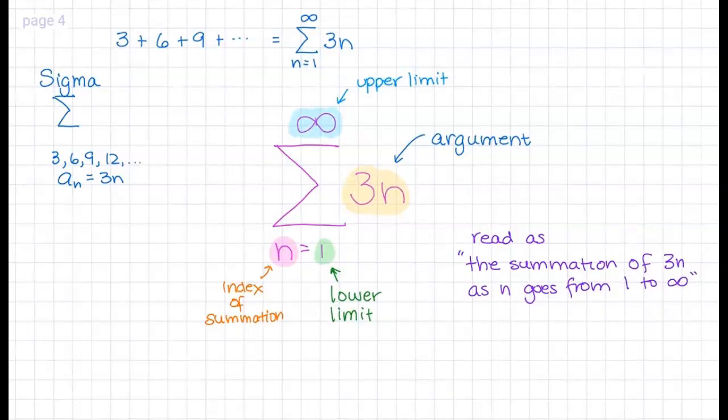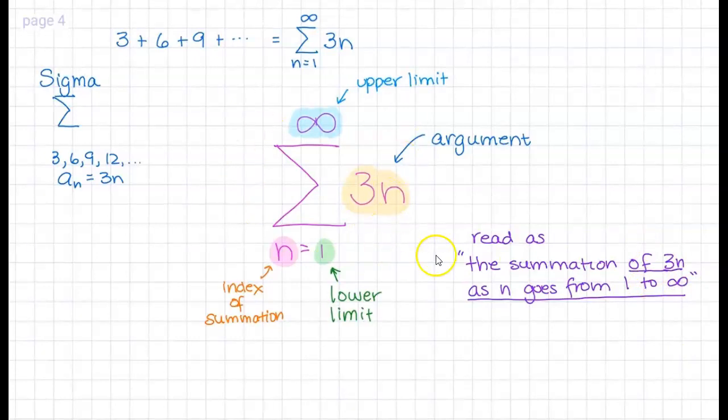And there's a little bit of order you can play around with. You can say 3n as n goes from 1 to infinity, or you can say the summation as n goes from 1 to infinity of 3n. So you can actually reverse these two things, and it says the same thing.